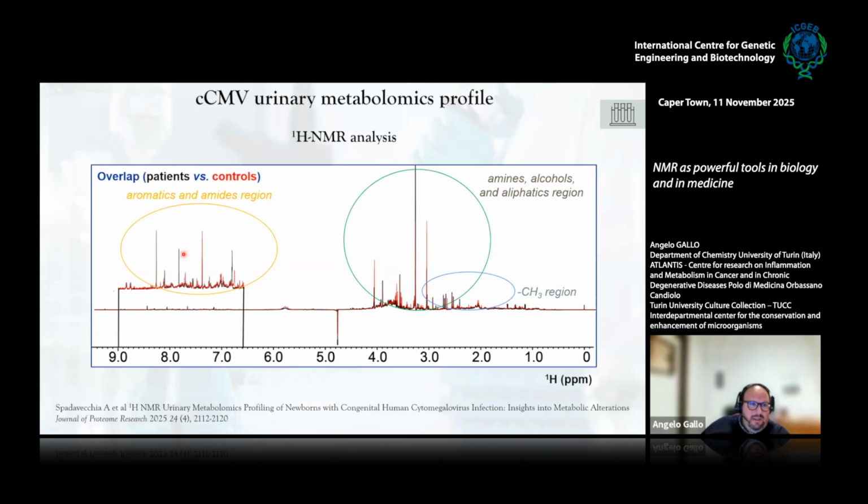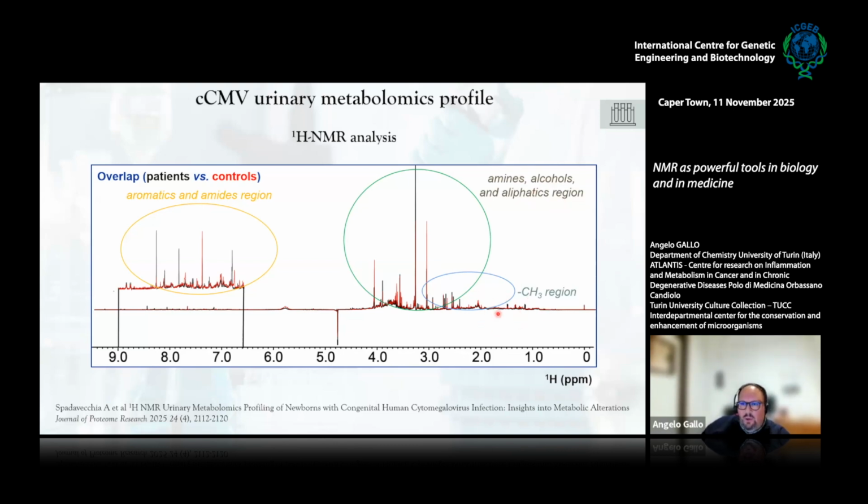The red are the patients and the black are the controls. Sorry, the other way around. This typically is the aromatic region and the amide region. Typically, this is the amine, alcohol, and aliphatic regions, and usually this is the methyl region.